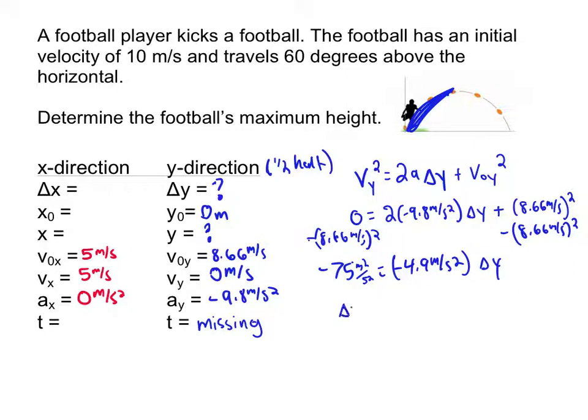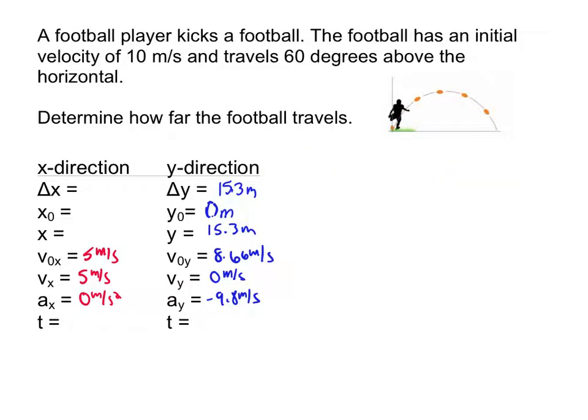Dividing both sides by negative 4.9 meters per second squared, I have for delta y 15.3 meters. So that's the maximum height that the football reaches.